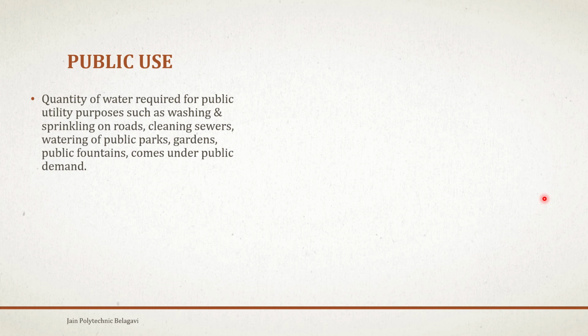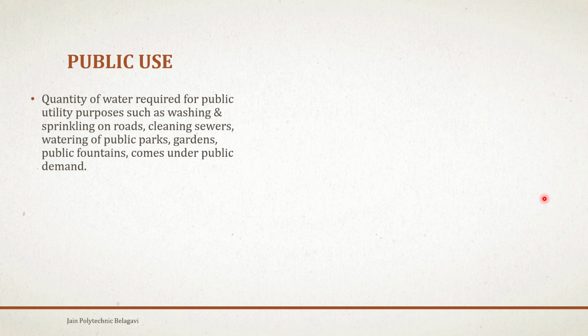It might be on the roads, or on the footpaths, or near your gardens and parks. Wherever you see the public roaming, we call it public property.